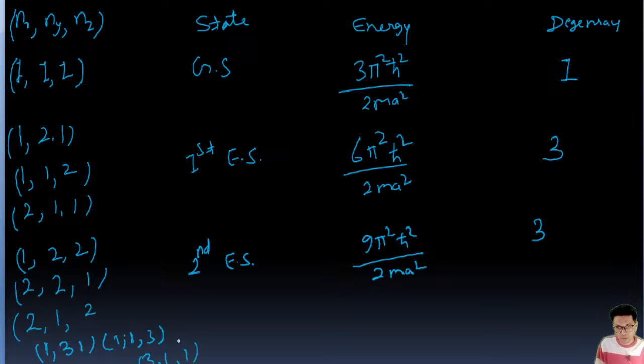These 3 states are for the third excited state, and the energy is going to be 9 + 1 + 1 = 11, so 11 pi square h cut square upon 2ma square, and degeneracy is 3. Very important, so we can get questions related to finding the degeneracy. This is about a particle in a 3D infinite potential well.